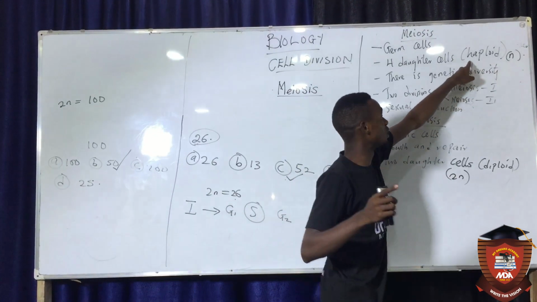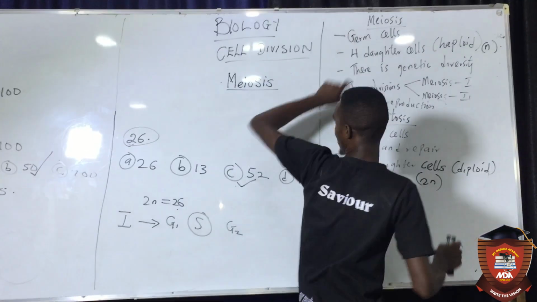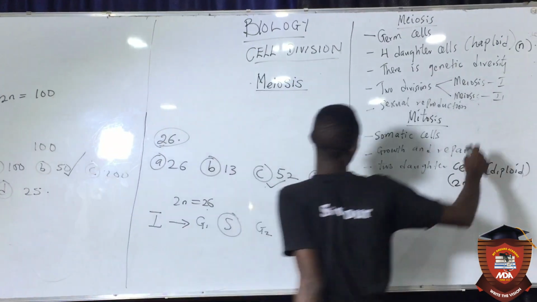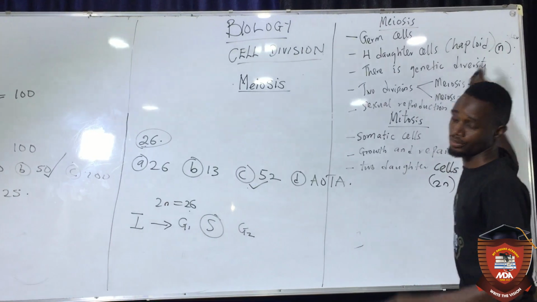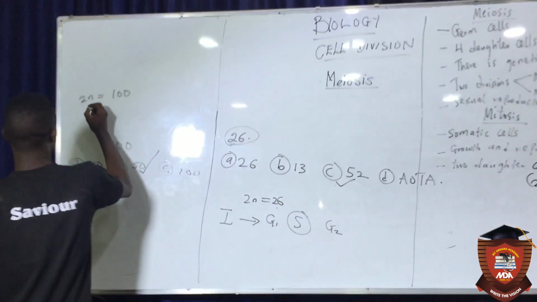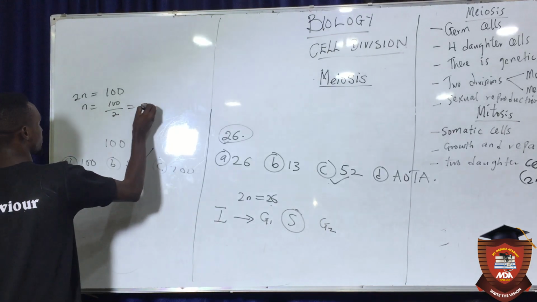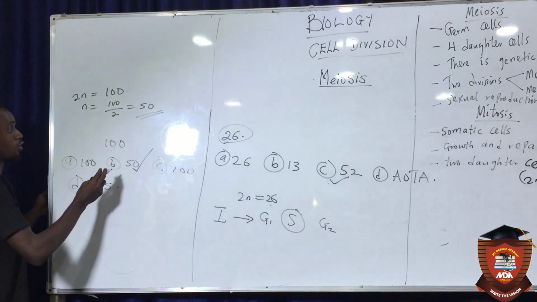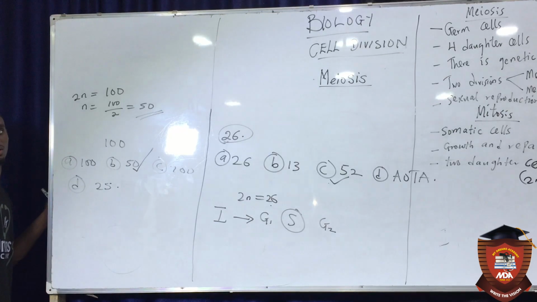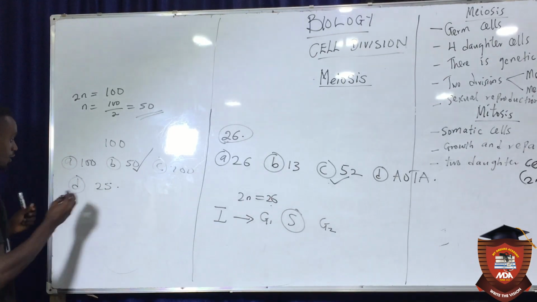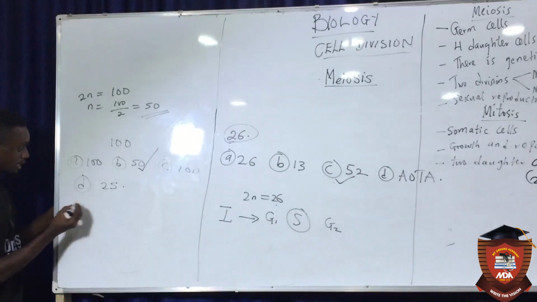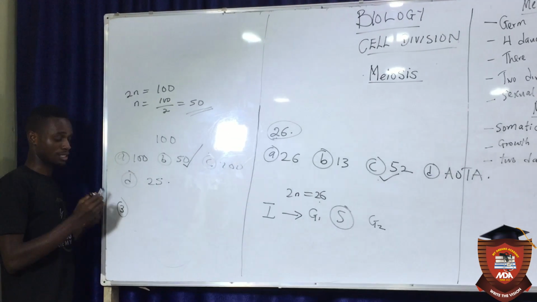So a sperm cell formed by meiosis does not have 2N. It only has N, haploid. That means N is 100 divided by 2, and that's 50. So yes, the sperm cell of a goat would have 50 chromosomes. Okay? Now another question I saw that is very interesting is this.